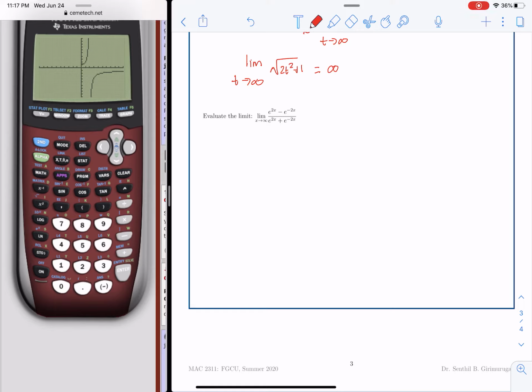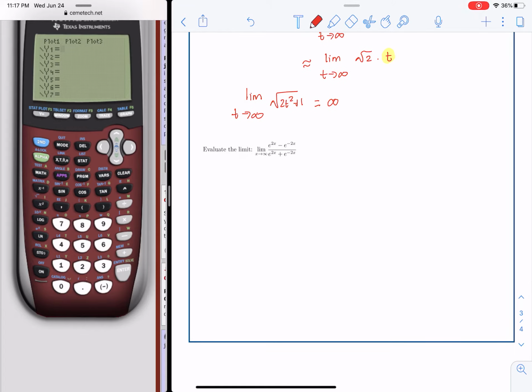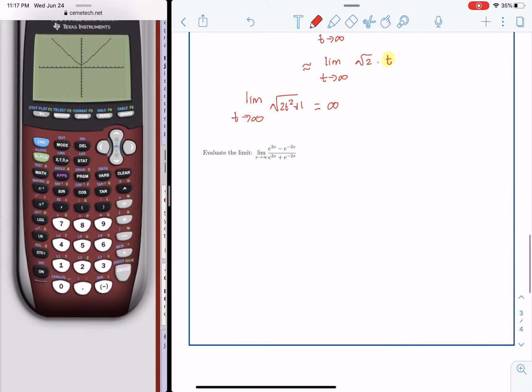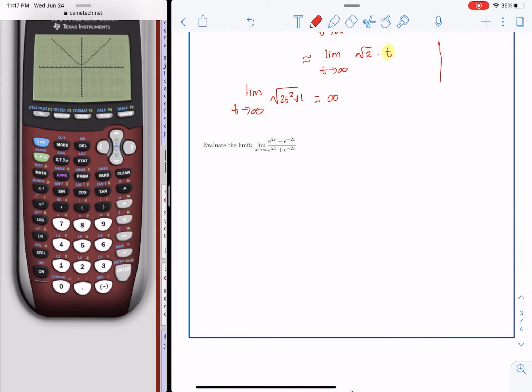Let's go ahead and graph the previous one, the square root of 2x squared plus 1. You can see it is going toward infinity as x increases.